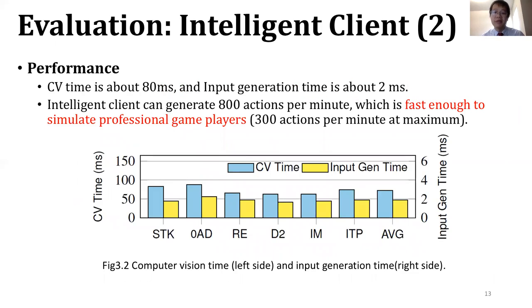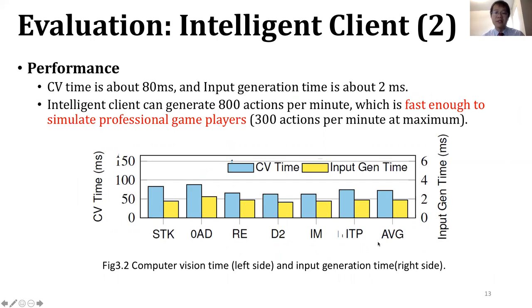Next, we will evaluate the performance of our Intelligent Client. The blue bar is CV time on the left side, and the yellow bar is input generation time on the right side. And the x-axis shows the 6 benchmarks.